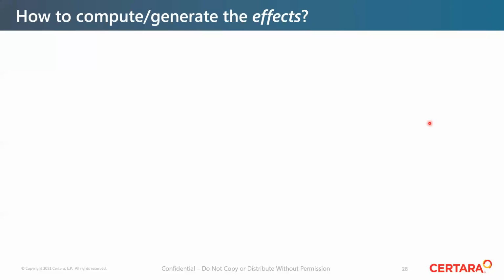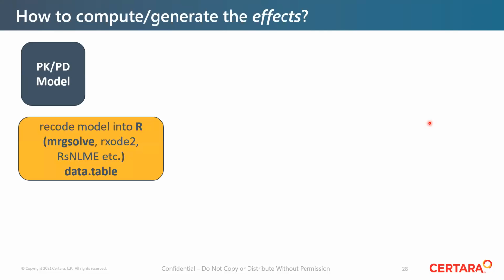So first, this package will help you generate these graphics quite easily. You can click a button using the Shiny app to generate, but how do you generate this effect? First, you will need a PK/PD model, of course. My workflow requires you to recode your model into R. R is super cool, super fast to do simulation.